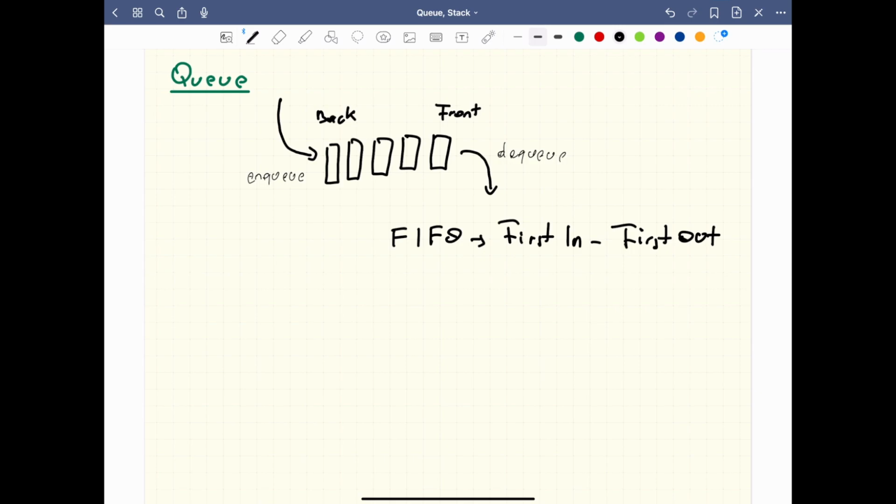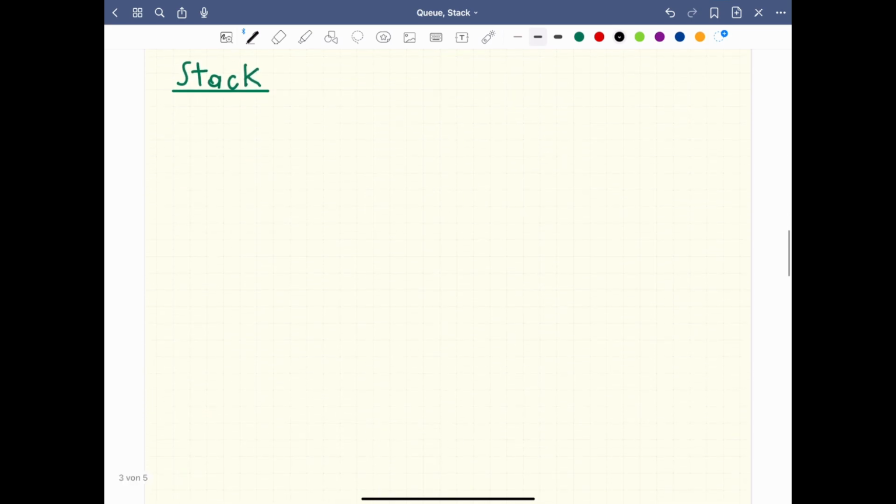Remember this, because there's a big difference to the stack, and the stack is what I want to talk about right now. A stack is also a data structure and can also hold elements, but there are some differences here. Let's try to draw a stack, and the stack is often just something like this here, where we have different elements on there.